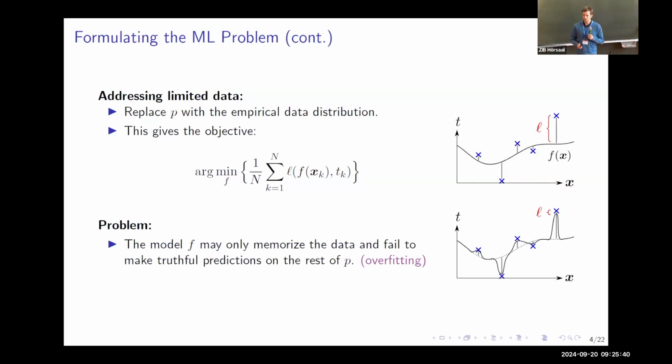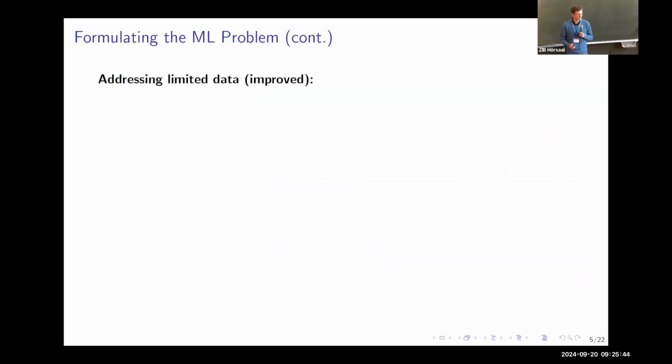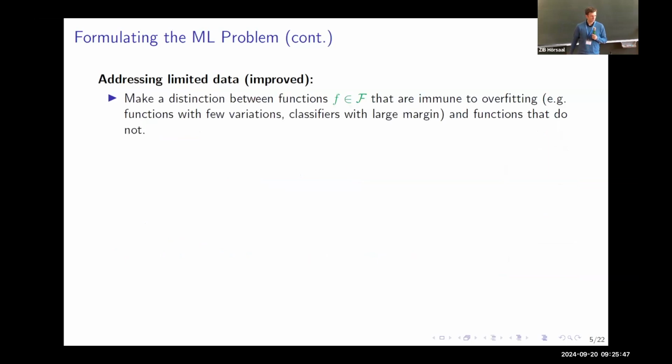So there are a variety of ways to deal with overfitting, and here I will present one which is very basic, which is to try to make a distinction between functions that are immune to overfitting and functions that are not.